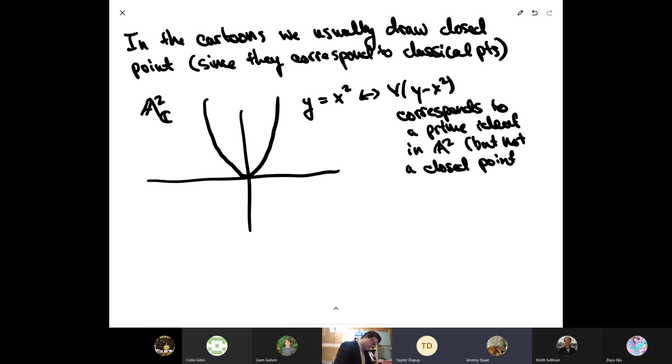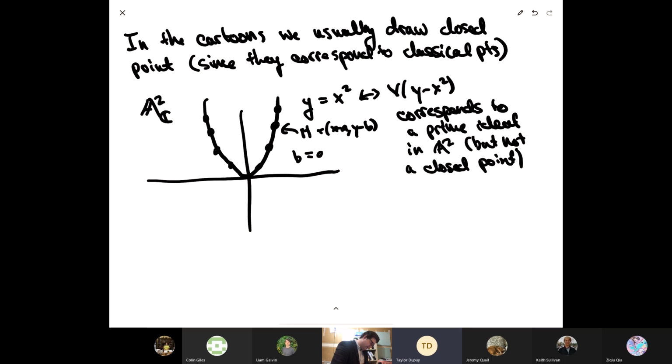Just to be clear, every point that this parabola passes through also corresponds to a maximal ideal which contains this ideal. Exactly. So this is a point M, some (x - a, y - b), and on this point you have b equal to a squared.